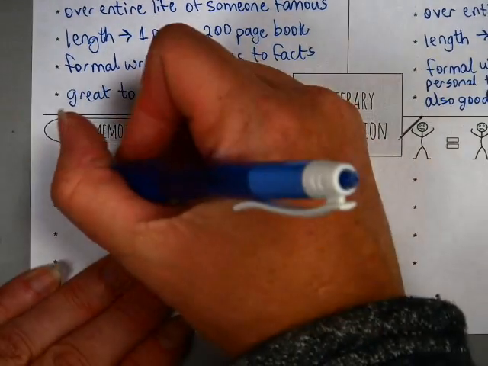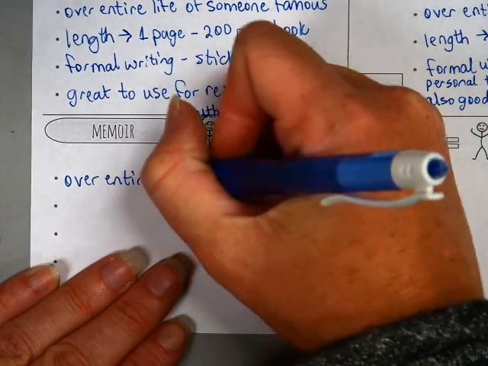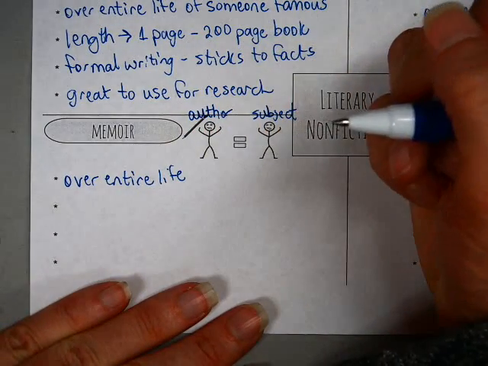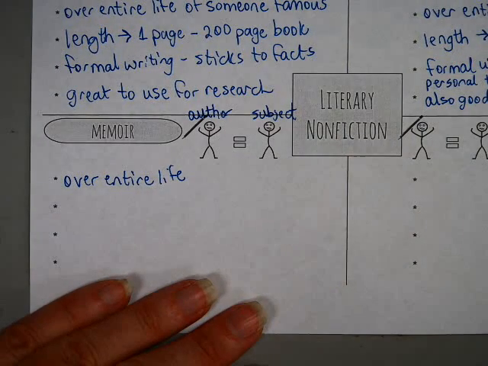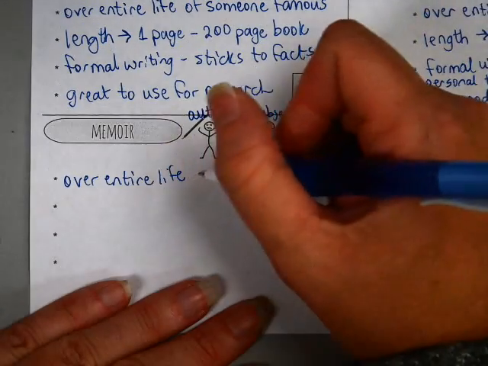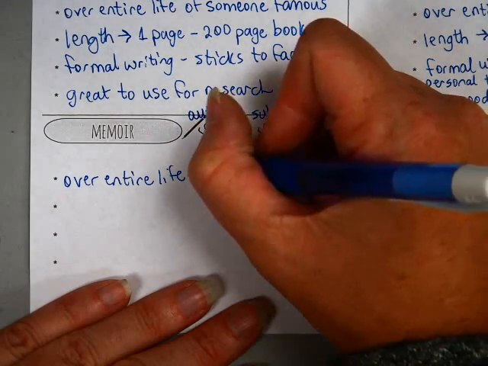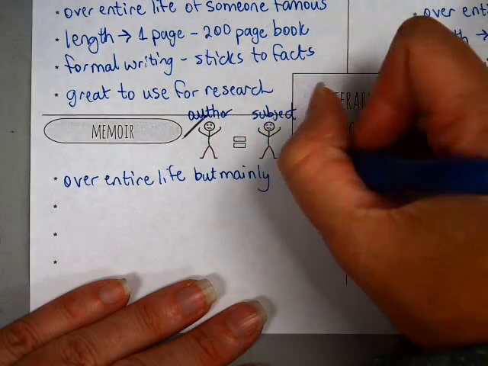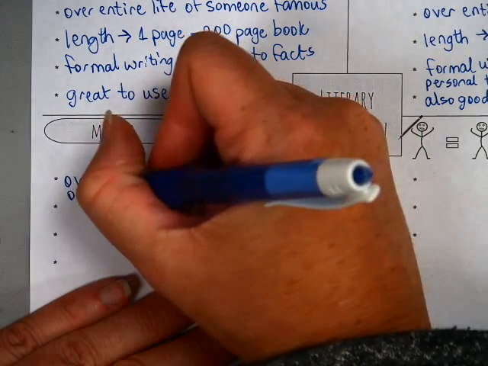This is still over their entire life for the most part, but it really focuses on the primary memories that are important to that person, the memories that make up their life, the ones that really made a big impression on them as they were growing up. So over the entire life, but mainly focused on important memories.